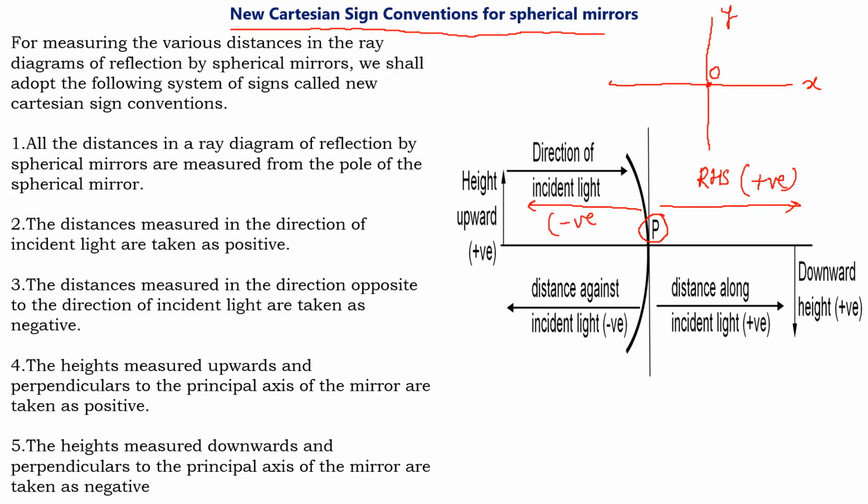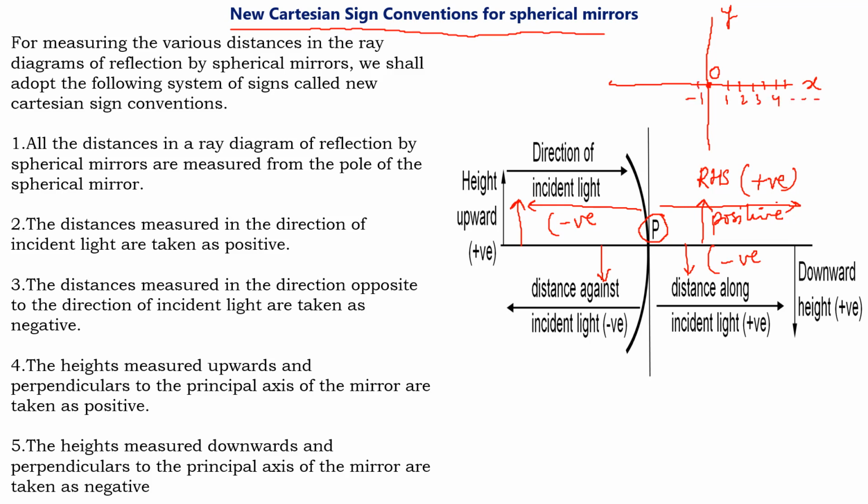All the distances from above the pole, whether it is this or this, are taken as positive, and all the distances below the axis are taken as negative, isn't it? If this is your origin, now here you have all your positive values 1, 2, 3, 4 and so on.